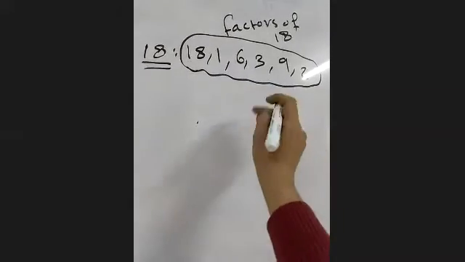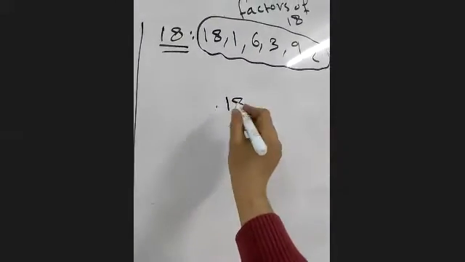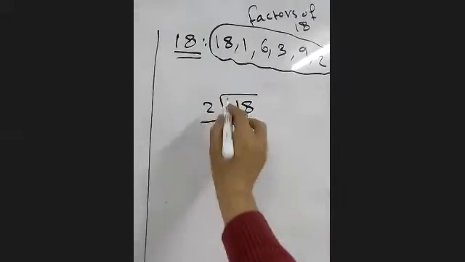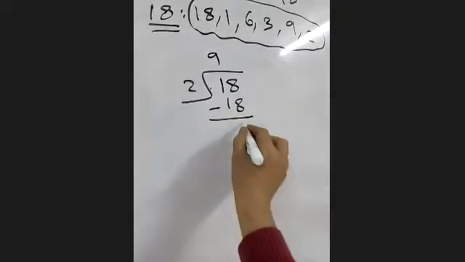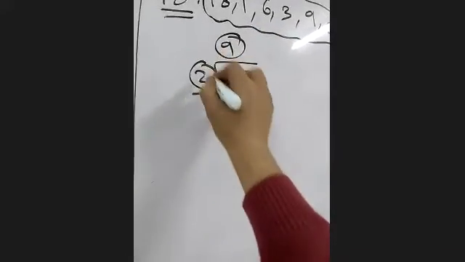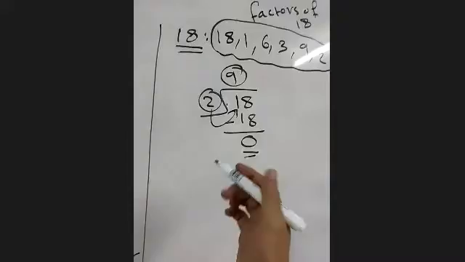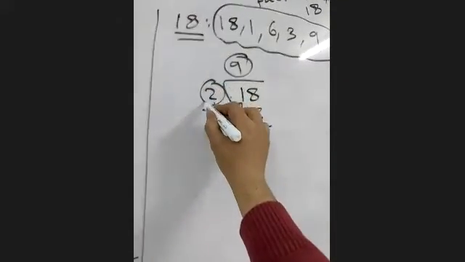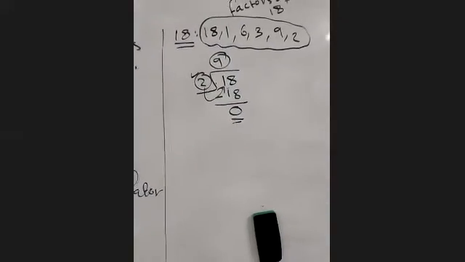What are the divisors? If you divide on 2, for example, 9 by 2, 18, what's the remainder here? 0. Because 9 multiplied by 2 is 18 directly. So in this case, what do we call the 2, a divisor of 18? We call it a factor.